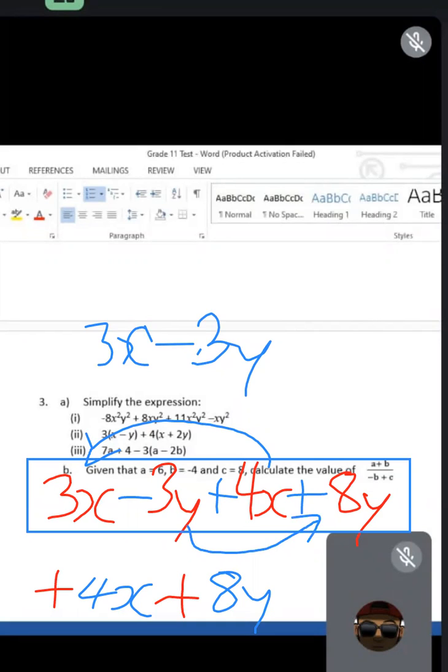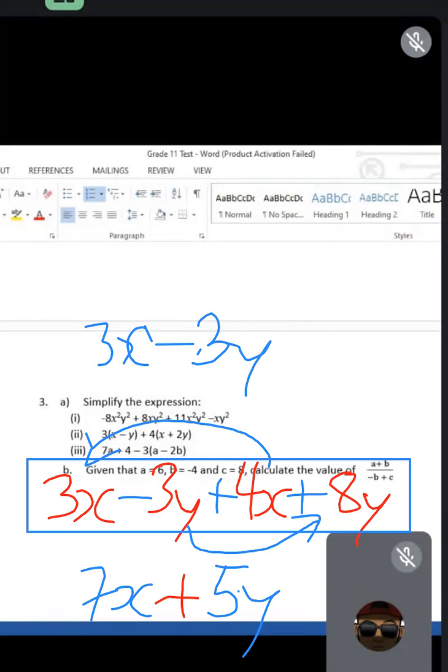So we're going to have 3x plus 4x plus 8y minus 3y. So if we were to add 3x to 4x, we would have 7x. 8y minus 3y, we would have 5y. And that would be our solution here.